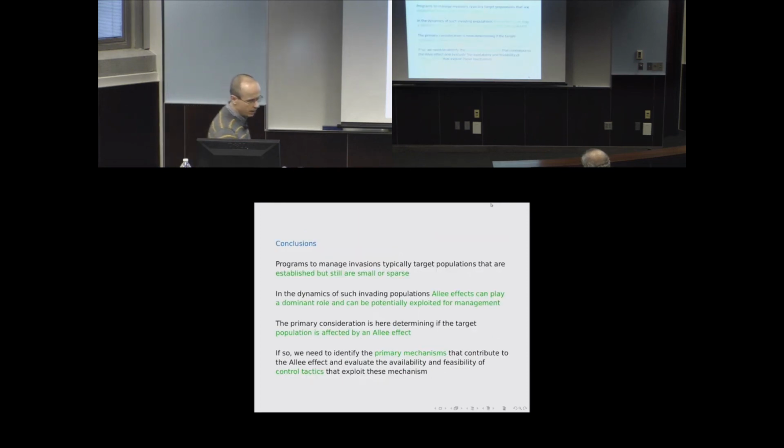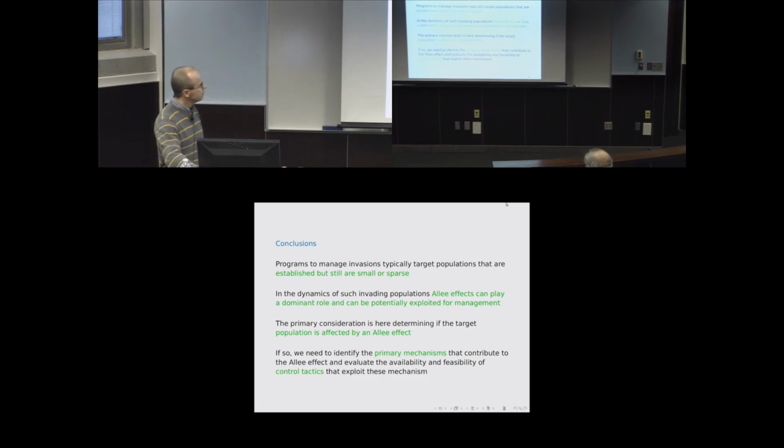And finally, let me conclude by stressing the main important points I gave in this talk. The first message is that Allee effects, especially strong demographic Allee effects, can be our friends in an effort to eradicate the population.